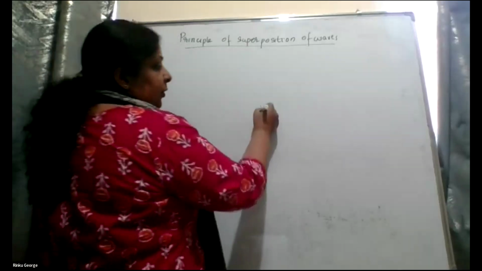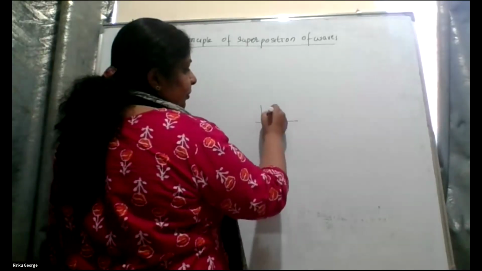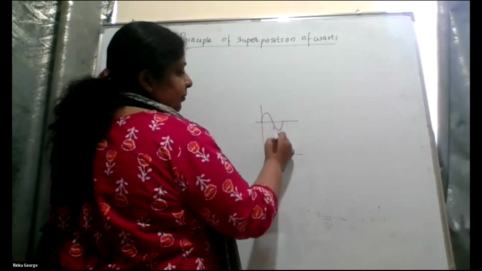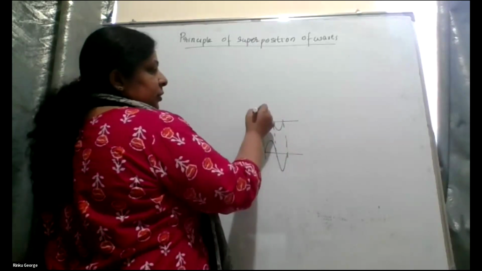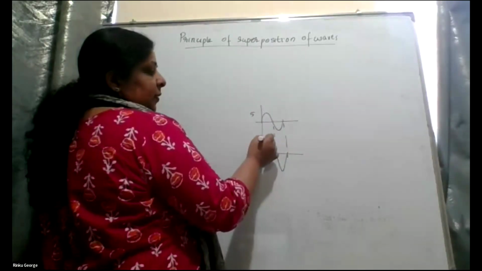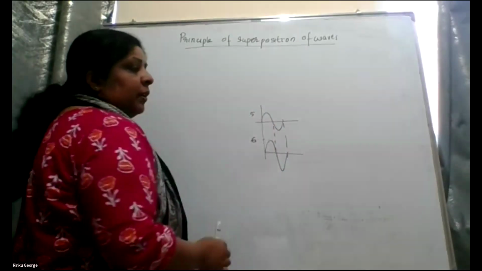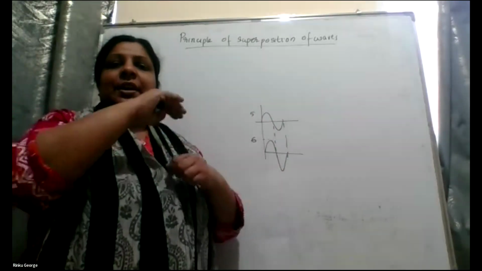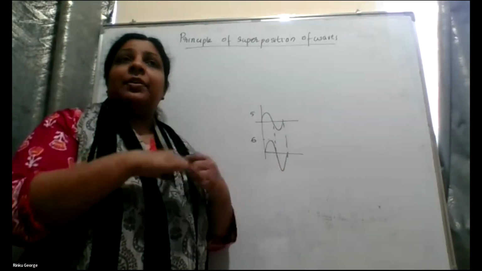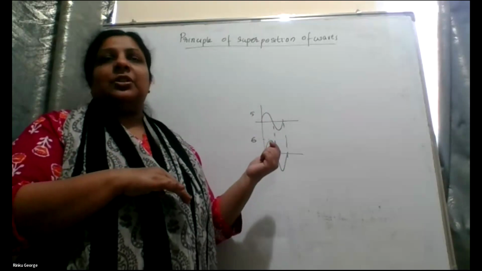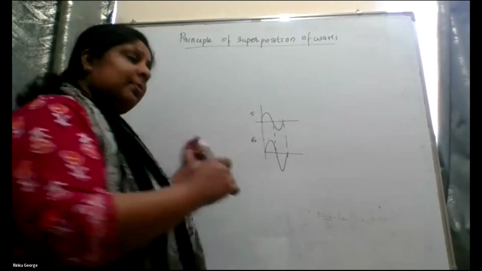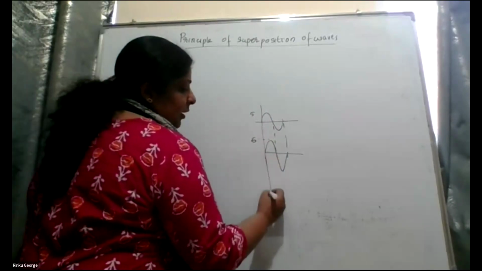So you have two waves like this. One wave, another wave. This one has amplitude 5, this one has amplitude 6. When they both meet, what will happen? They will get added. Two waves are in the same direction, so the resultant wave will be the addition of these two. The resultant wave will have an amplitude of 11, the same type of wave, but the amplitude will be 11.